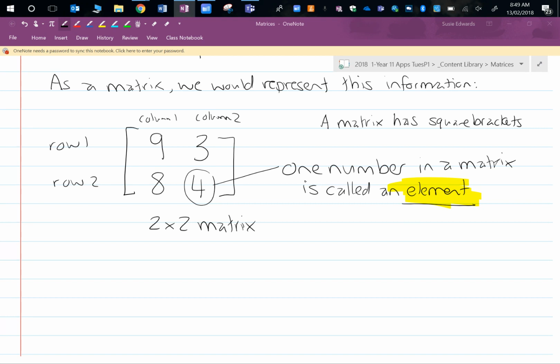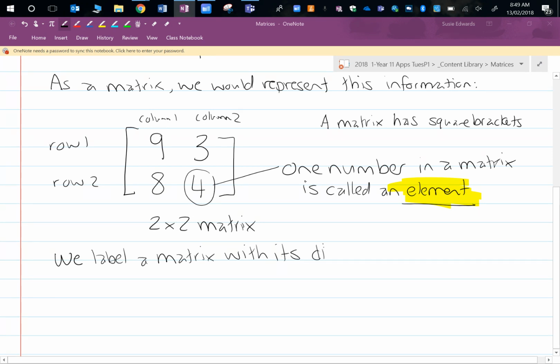So we label a matrix with its dimensions, row number by column number.